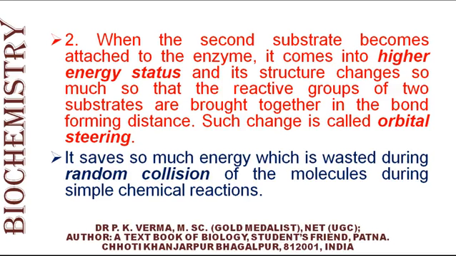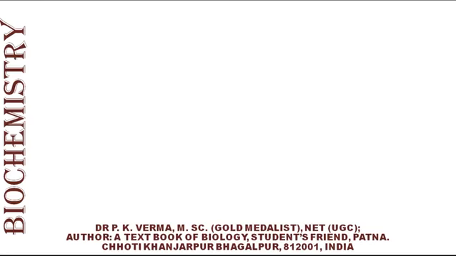So energy is wasted so much in the other collisions. One out of 30 collisions or one out of 36 collisions is capable of forming the bond. The other collisions are useless and nothing but wastage of energy. So the enzyme saves so much energy which is wasted during random collision of molecules during a simple chemical reaction.